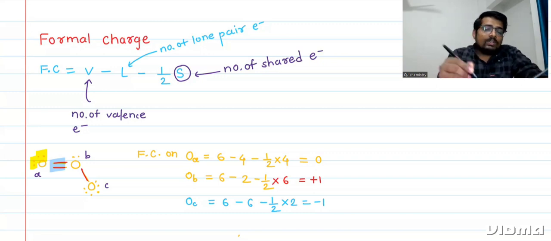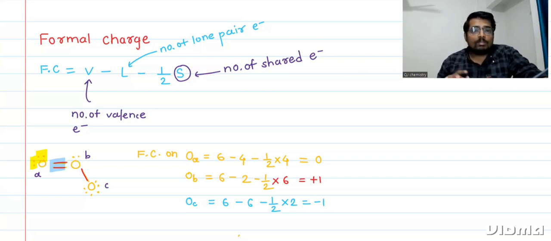We can also use a trick to find the formal charge on each oxygen atom. Now let us apply the trick.